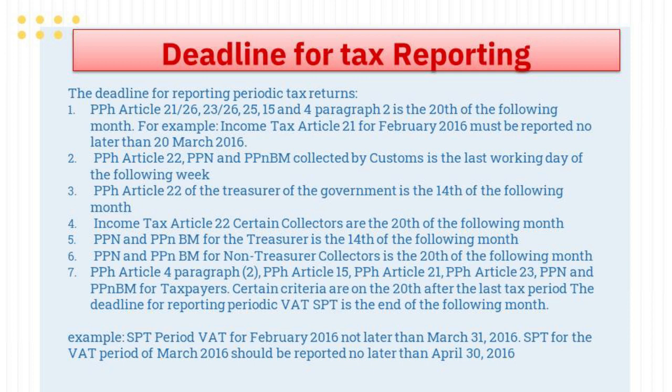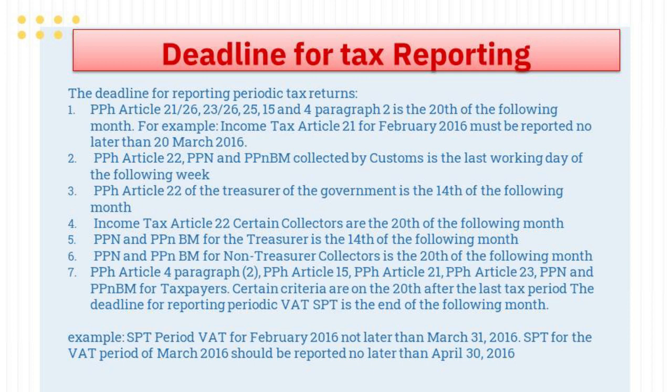Income Tax Article 22 certain collectors are the 20th of the following month. Number 5. PPN and PPNBM for the Treasurer is the 14th of the following month. Number 6. PPN and PPNBM for non-treasurer collectors is the 20th of the following month.